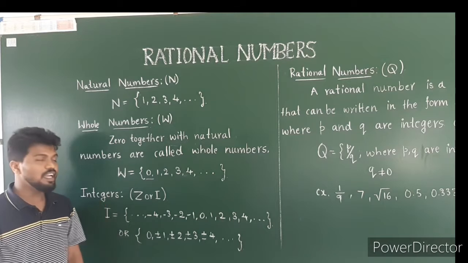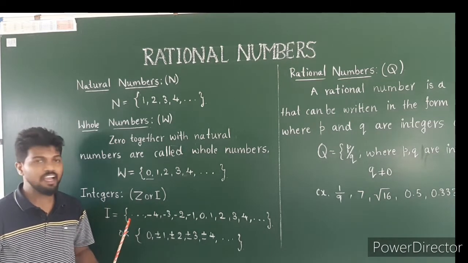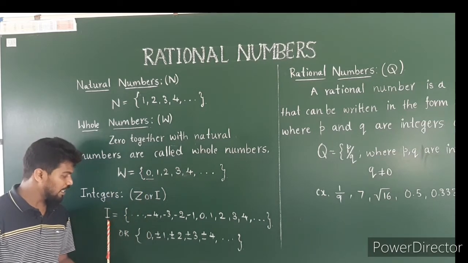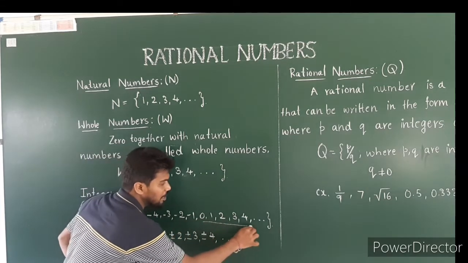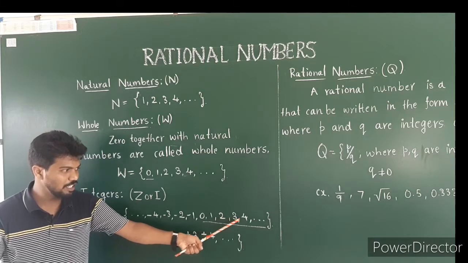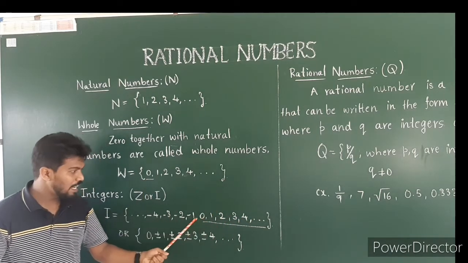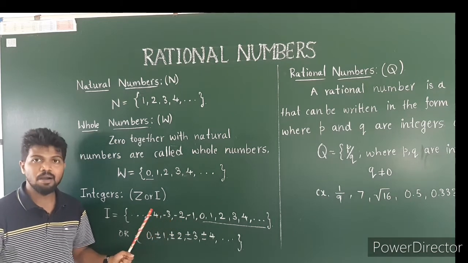So next, integers. There is one more type of addition to the set of whole numbers. You see that from here to here is the set of whole numbers: 0, 1, 2, 3, 4, and so on. The same set W. The addition is -1, -2, -3, -4.